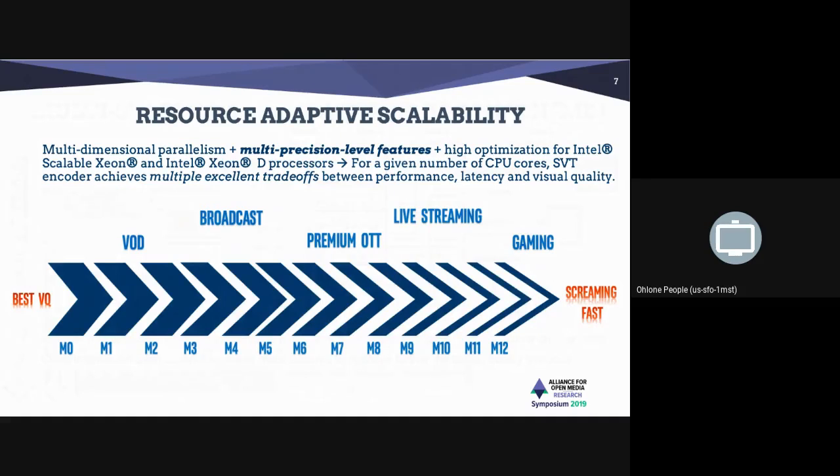Actually, we are able to build 13 encoder modes, and we are able to map those modes to different kinds of applications, from VOD to high fast or real-time applications such as gaming.